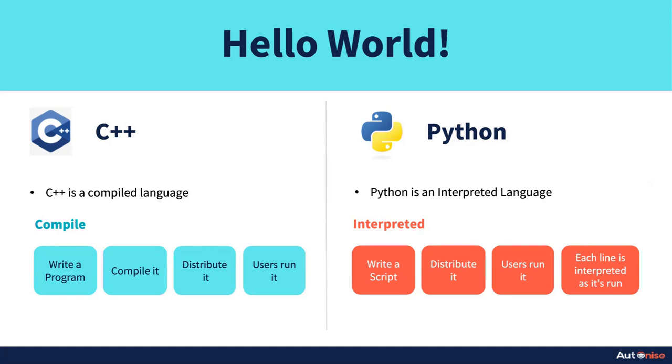First is like C++ and the other one is like Python. In C++, the code is compiled. That's why it's called a compiled language. Whereas in Python, there is no compiler, there is an interpreter which interprets the code. So let's see what is the difference in a compiled language and an interpreted language.